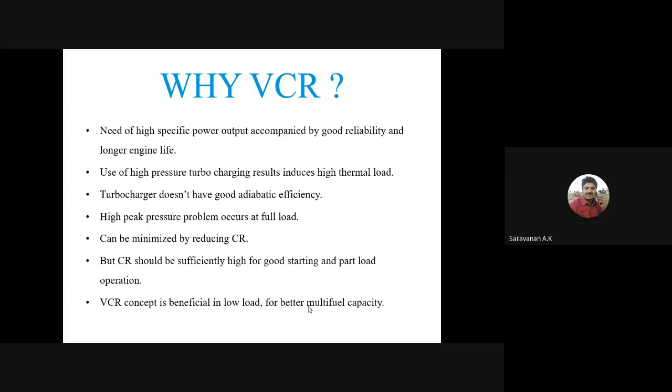One is fuel consumption. In conventional engines we require more fuel to get maximum power. So fuel economy is very important, along with the performance of the engine and the emission. These three are very important for the modification of modern technology used in IC engines.